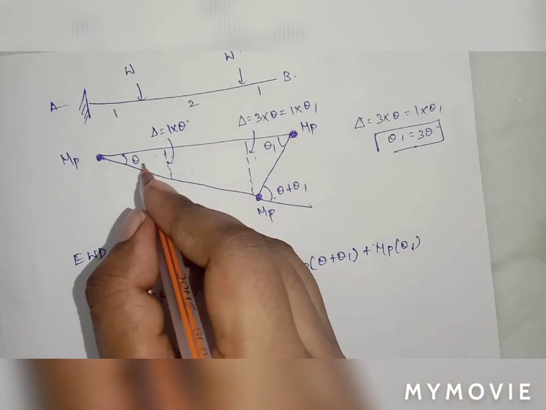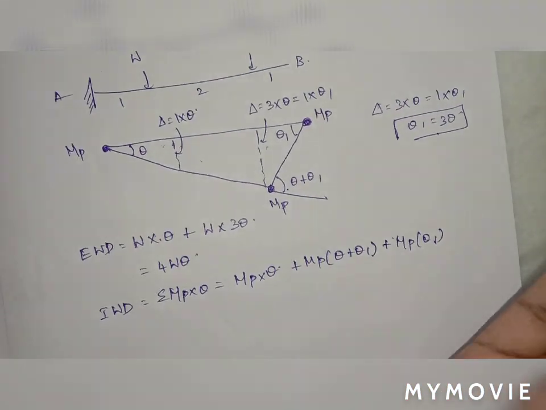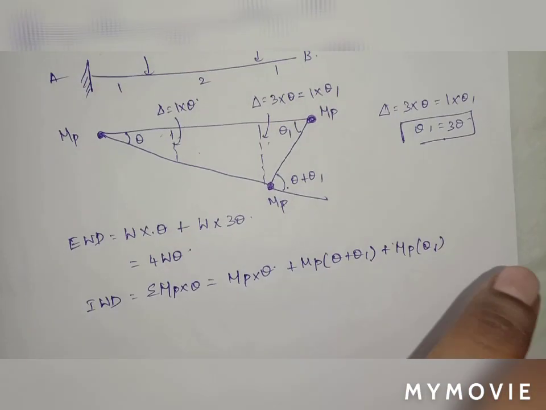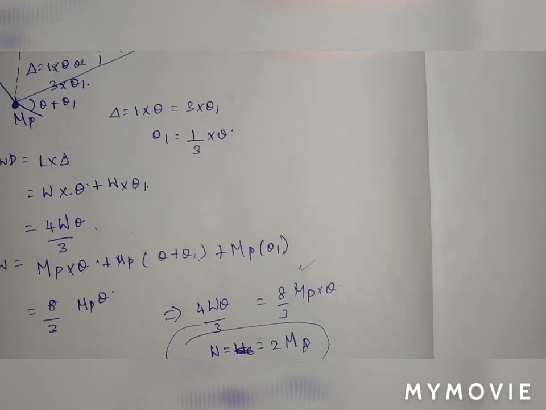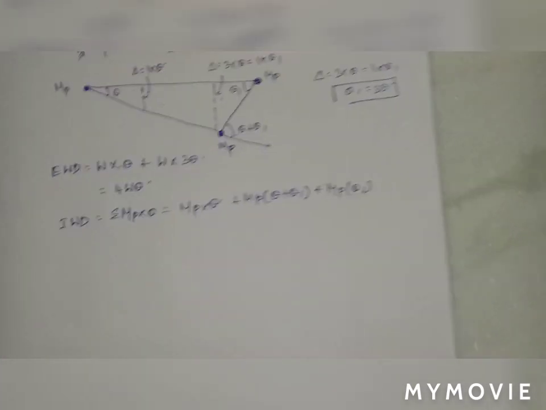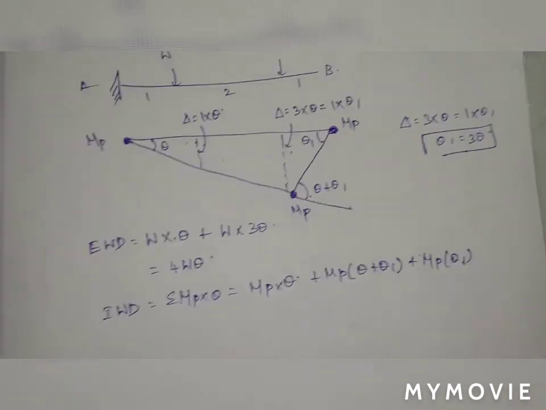Here I can assume it as theta and theta 1, or I can assume it as theta 3 and theta 4. For simplicity, I am assuming the same values itself, because after the mechanism the theta values are not extending, so we can take the same values. For simplicity, I am taking it as theta and theta 1 itself.